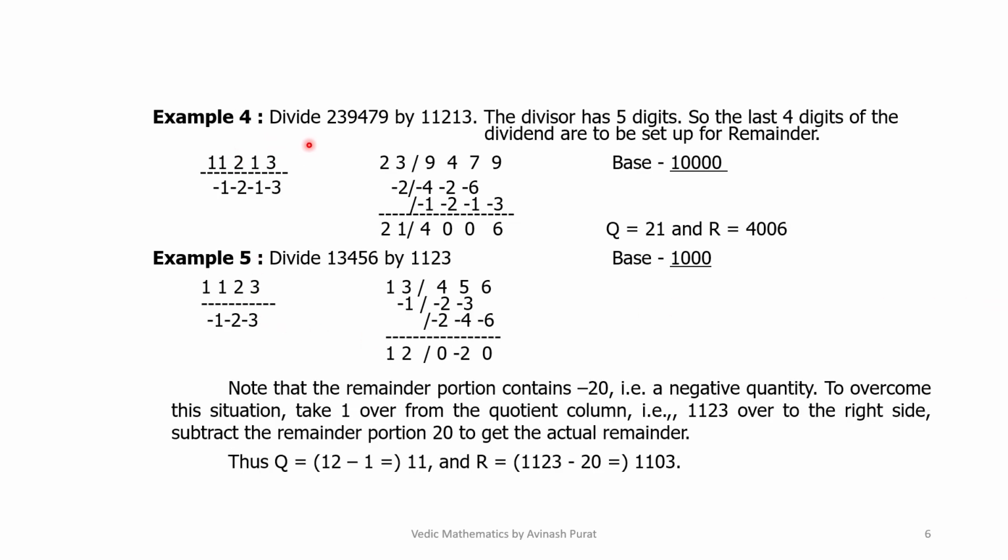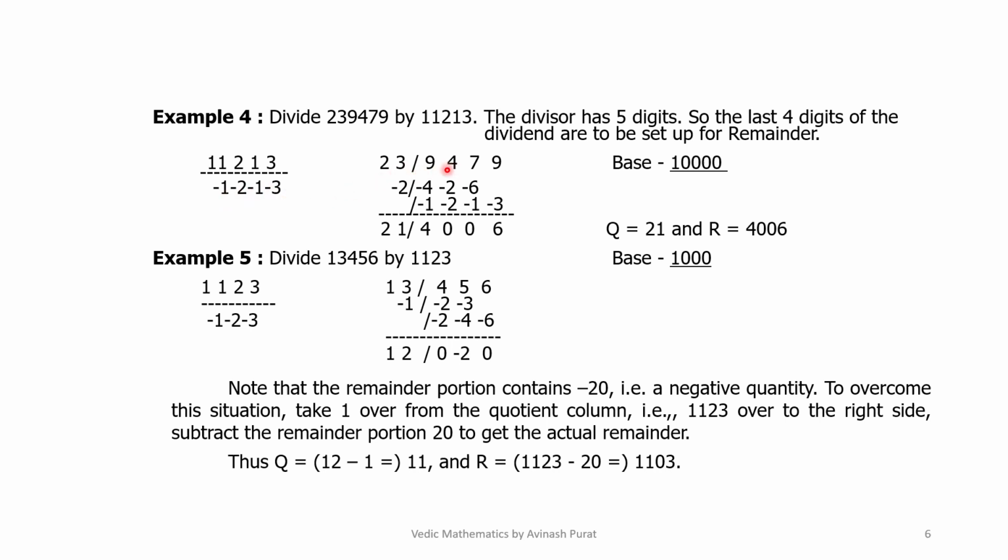Example 4. Divide 239479 by 11213. The divisor has 5 digits, so the last 4 digits of the dividend are to be set up for the remainder. Base is 10,000. For 11213, the 4 digits are taken down with the minus sign added: minus 1, minus 2, minus 1, minus 3.